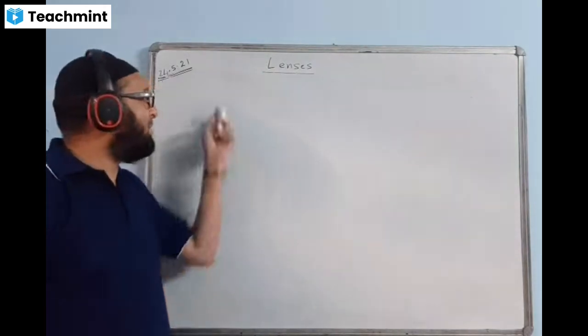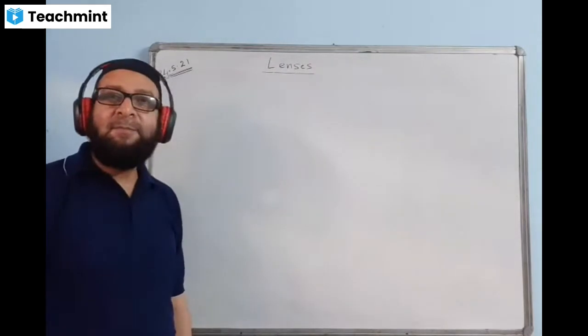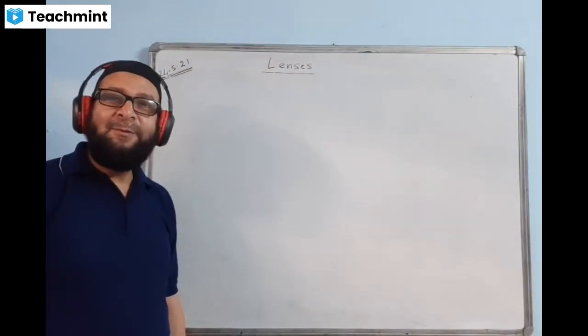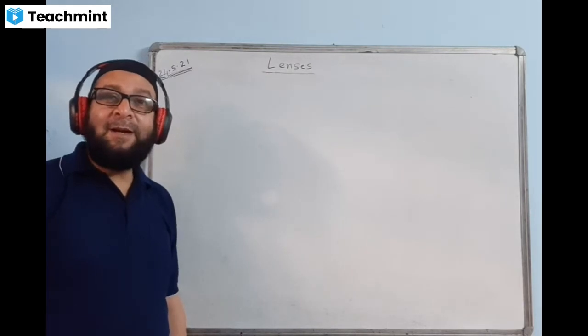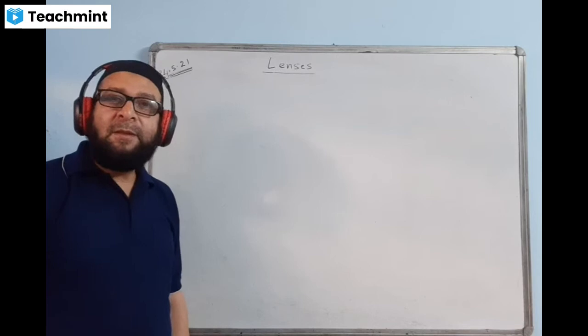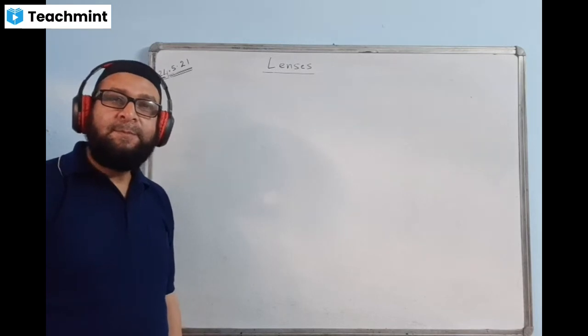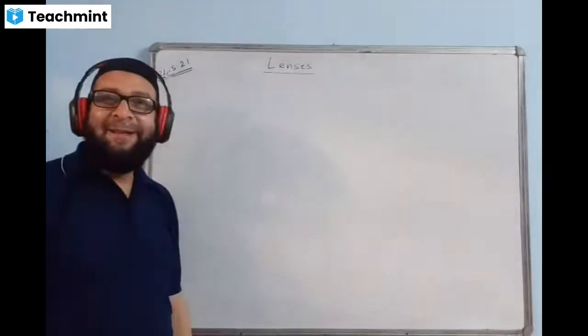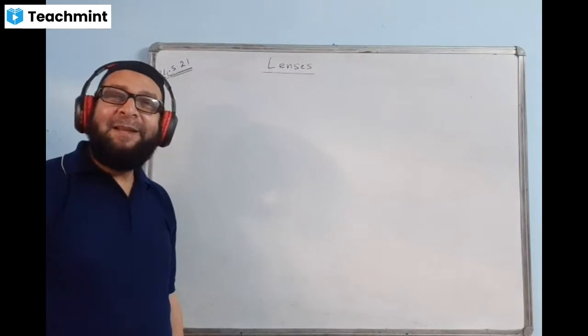RI is the same? Where is RI the same? This is air, this is glass. RI is not the same. Okay, Pratham. The lens is thin over here, on top. Anybody else?